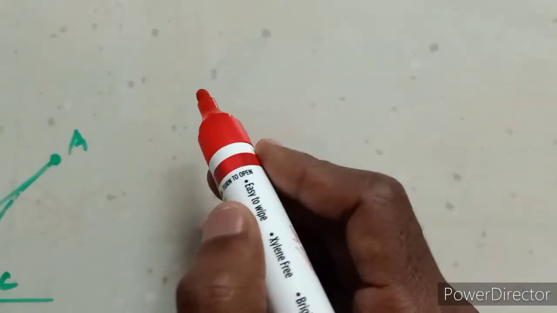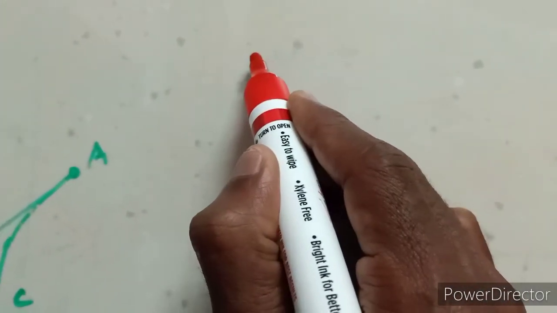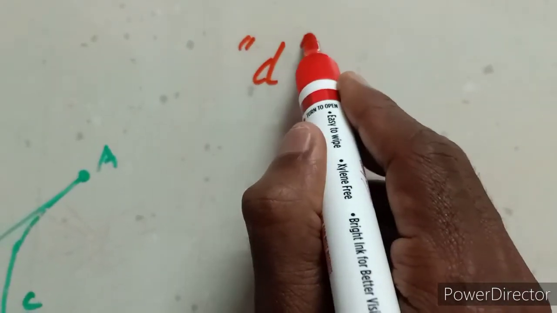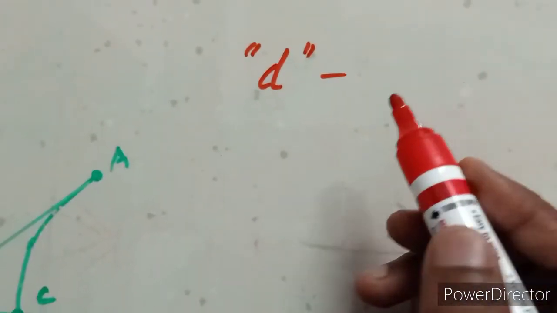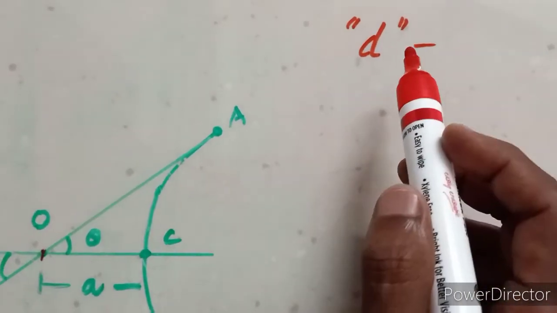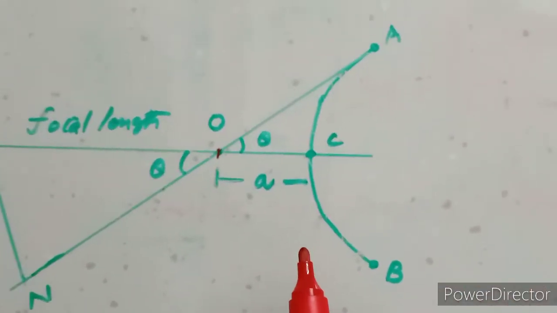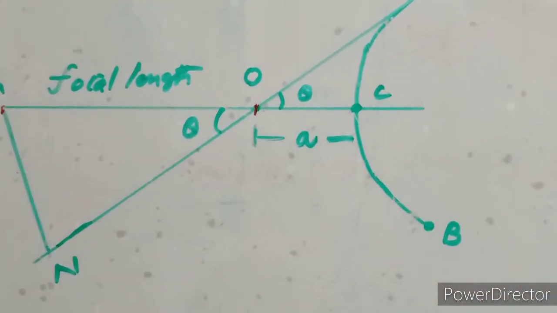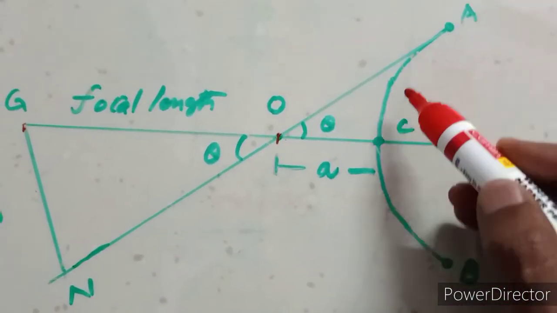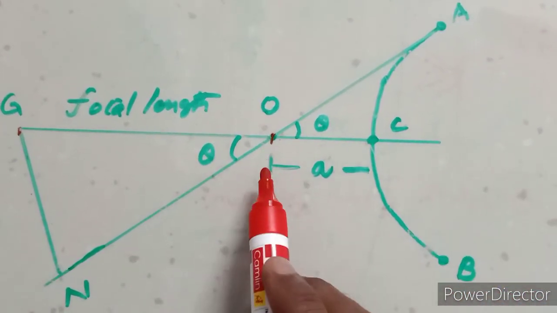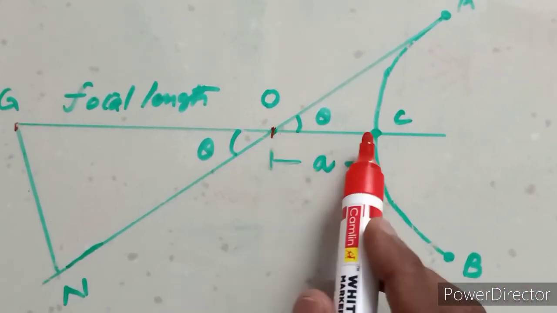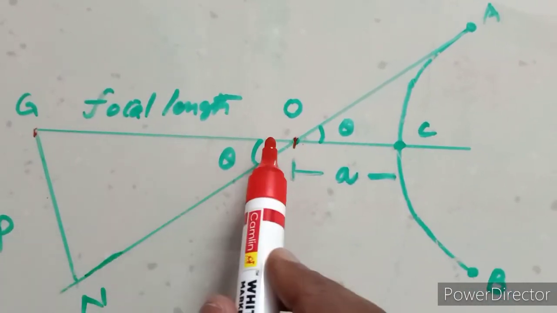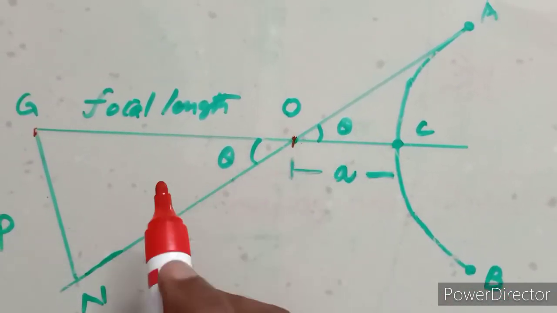In order to calculate the closest distance of approach d, now we can observe the properties of hyperbola. So this is the hyperbola. This distance is called the semi-major axis, and this distance is called the focal length of the hyperbola.